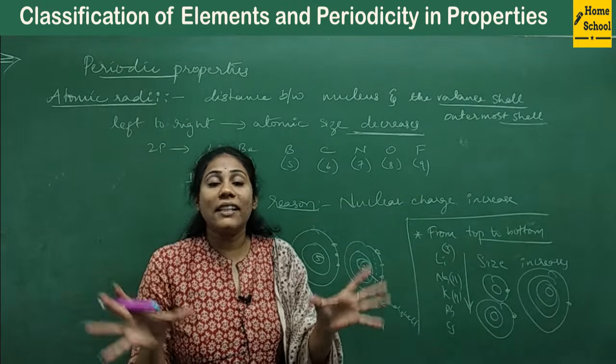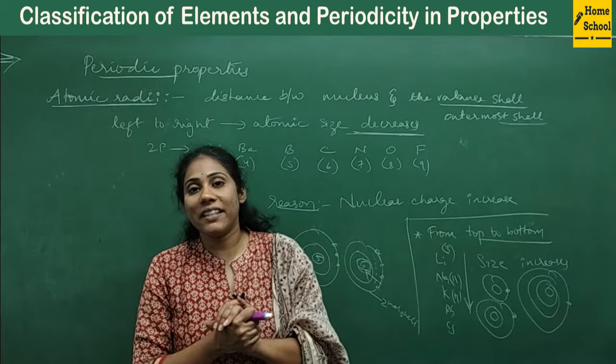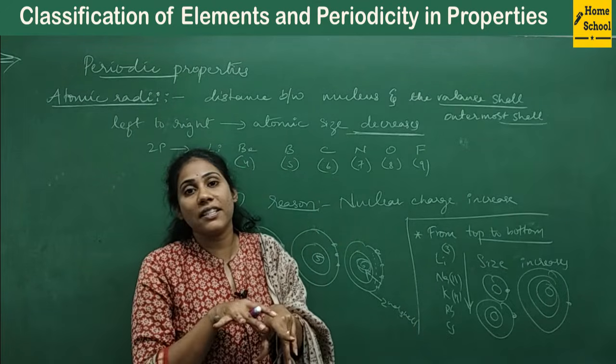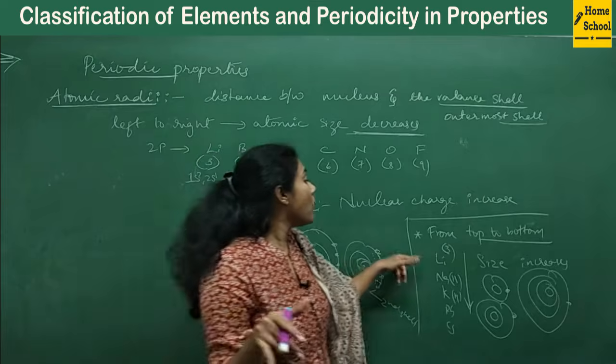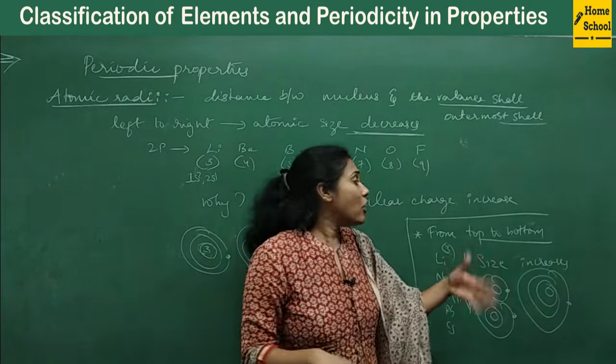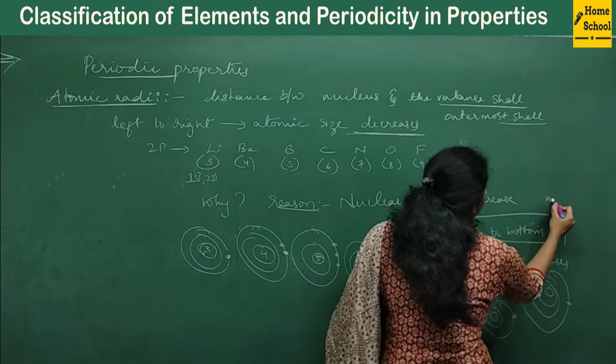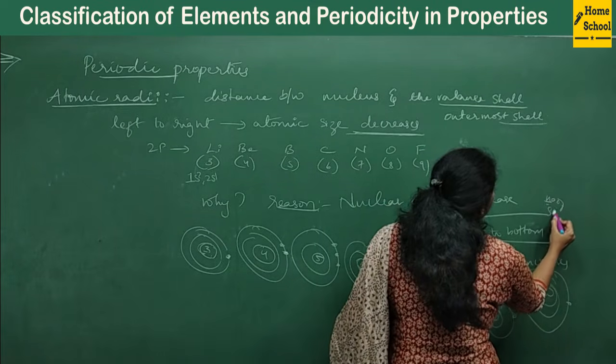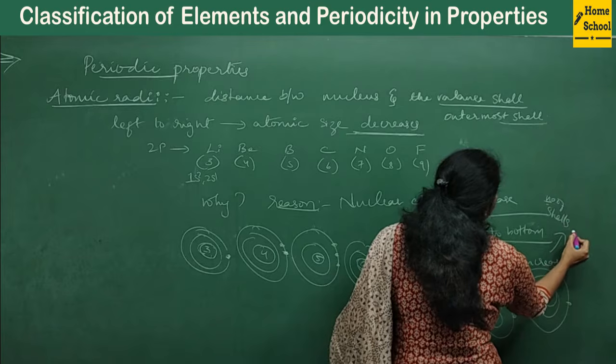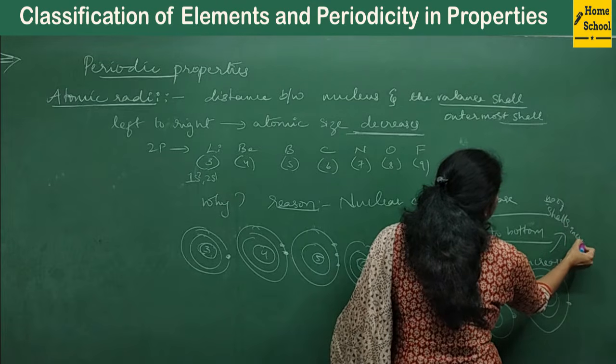So automatically atomic size will increase. Though nuclear charge increases, it doesn't matter. Atomic size increases because what is the reason here? Because the number of shells is increasing. Number of shells increases. This is the reason, guys.